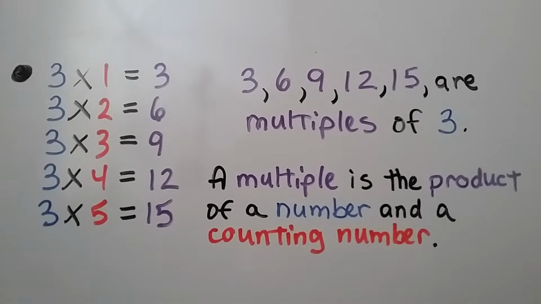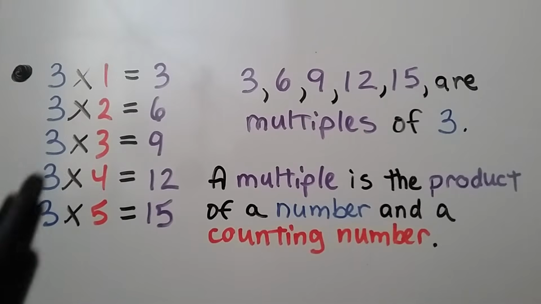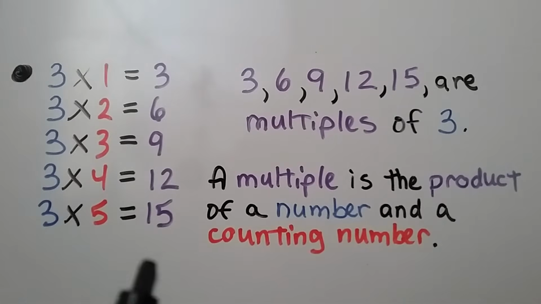Here we've listed 3 times 1, 3 times 2, 3 times 3, and the multiples of 3 are these products. 3, 6, 9, 12, 15 are multiples of 3. A multiple is the product of a number, like this 3, and a counting number.